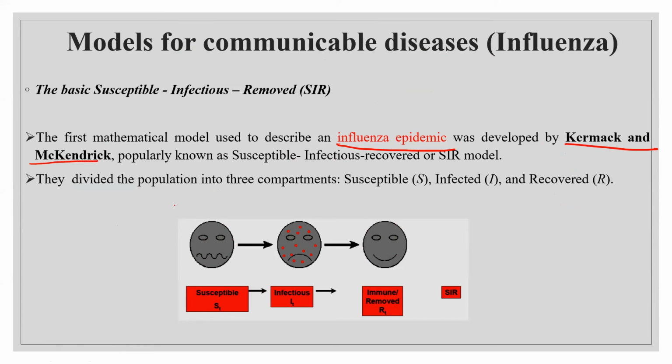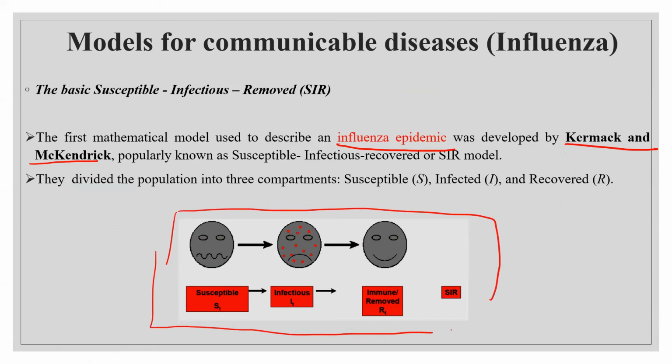It means that if I take all the population and distribute them, whoever is infected comes in one group, whoever is recovered comes in one group, and those who have not got the disease are called susceptible.